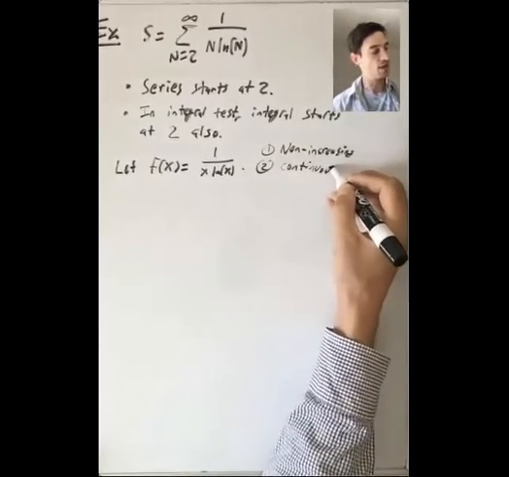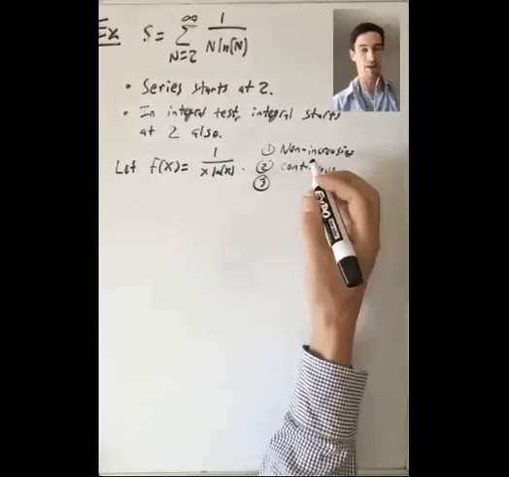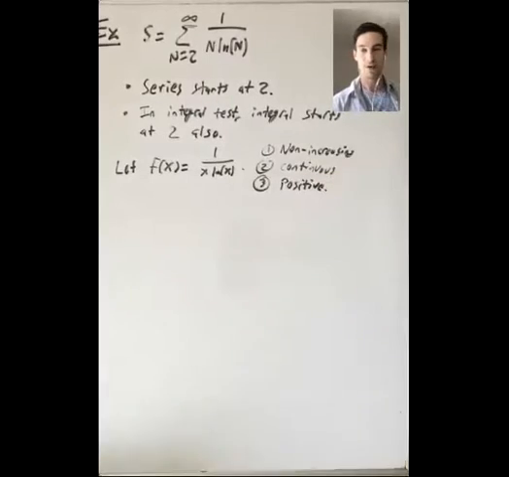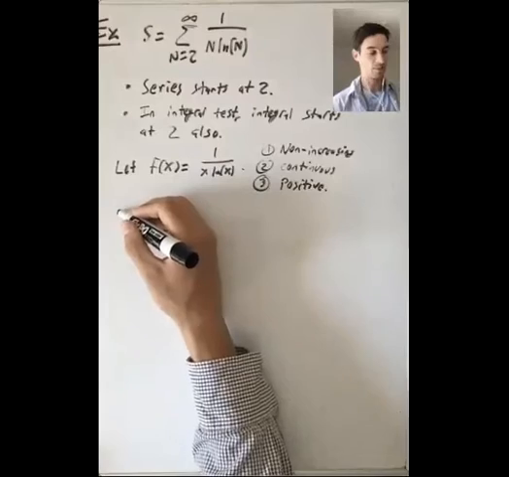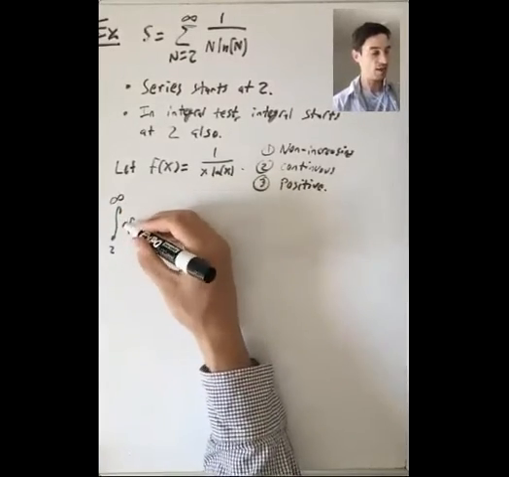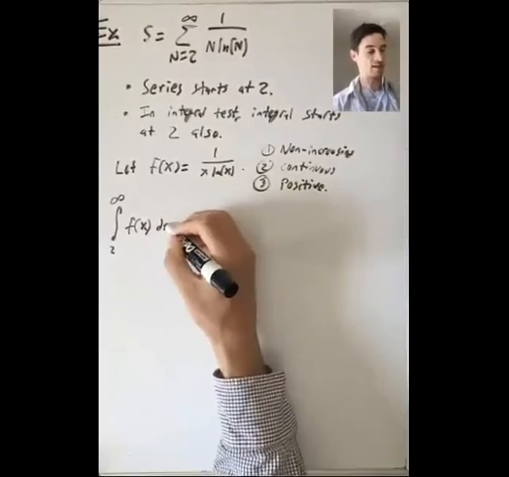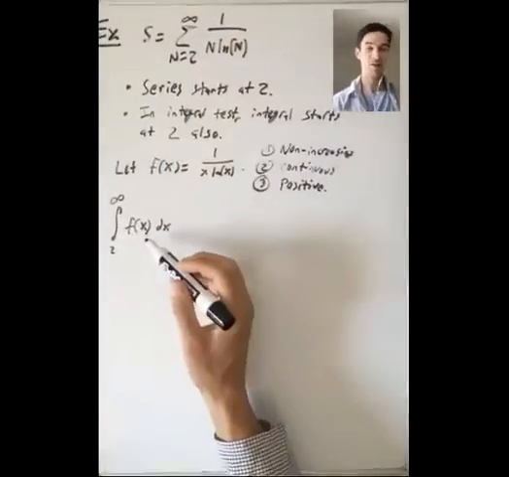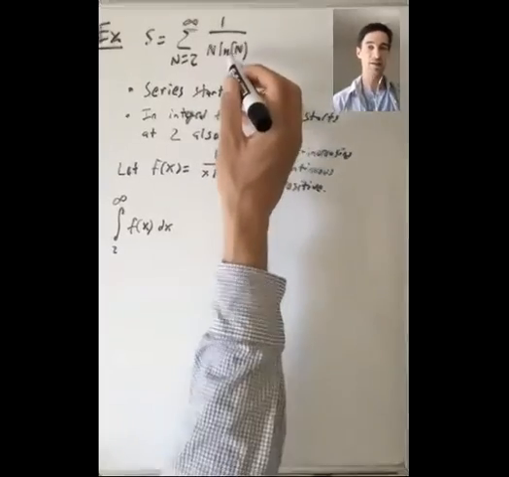For 2 to infinity, we don't have any problems with the denominator being 0, and it's clearly positive. So we can apply the integral test. So let's consider the integral from 2 to infinity of f of x dx. If this integral converges, this series converges. If this integral diverges, this series diverges.